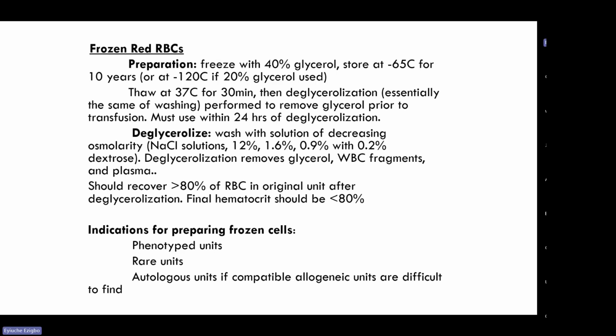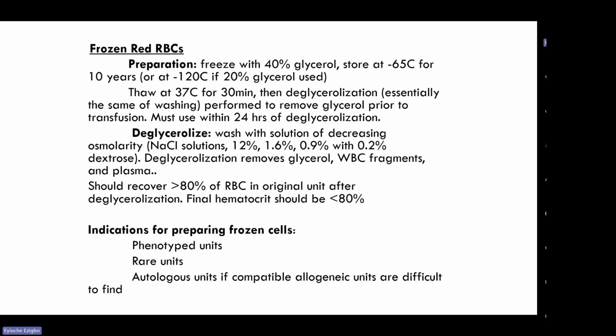So we also have another blood component. We can also get frozen red blood cells. We can prepare frozen red blood cells. They are frozen with 40% glycerol and stored at -65 degrees for 10 years. I think the white men do this a lot because they have the facilities and the necessary equipment. It can be thawed at 37 degrees for 30 minutes.